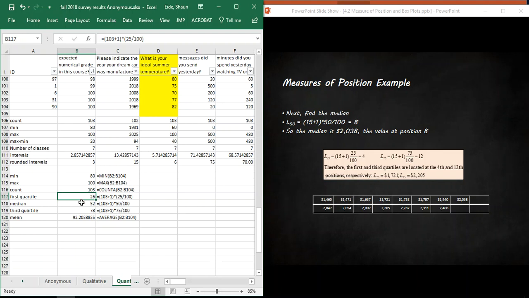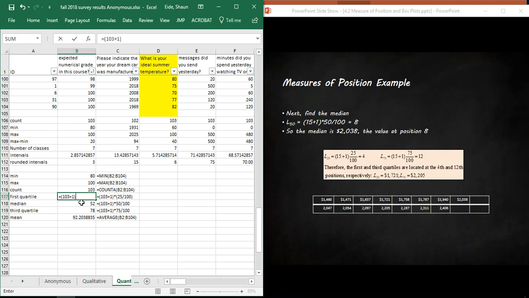Okay, so now we're going to apply the formula that we have for determining the location of a particular percentile. So the first quartile is the same as the 25th percentile. So what we're going to do is equals, and then we've got a count of 103 plus 1 in parentheses.